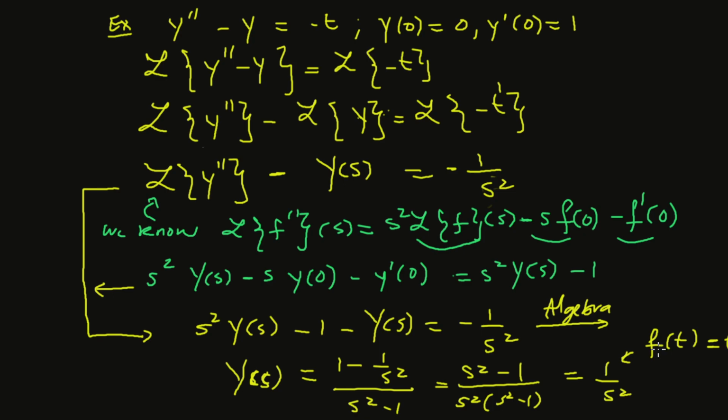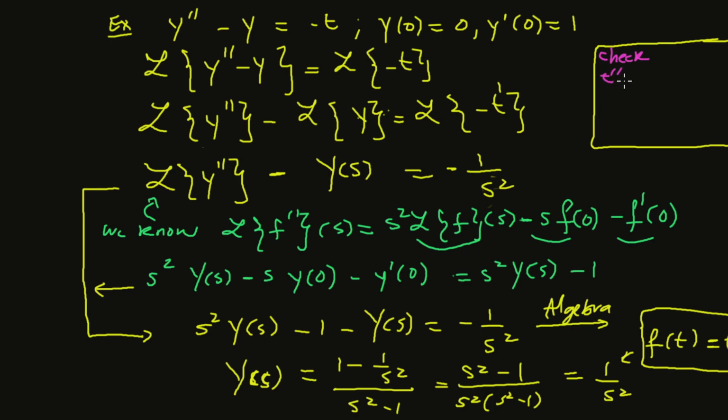So what happens now is we figure out the solution, which means we figure out that one of the solutions for this problem is y of t equals t. Let's do a check here, maybe in a different color. Does it work? If I take the second derivative of t minus t, it's going to be equal to negative t.